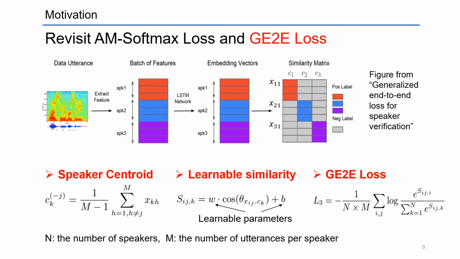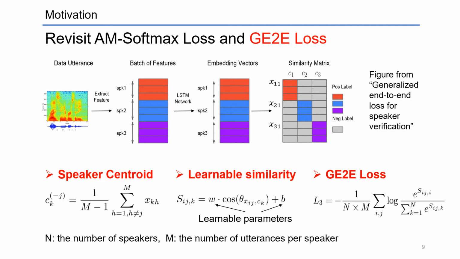The generalized end-to-end loss function takes a batch as the input. The batch consists of an equal number of training samples from different speakers. It defines the speaker centroid as the average of speaker embeddings belonging to the same identity, and the similarity between the speaker embedding and the speaker centroid is defined by the cosine similarity with learnable parameters.